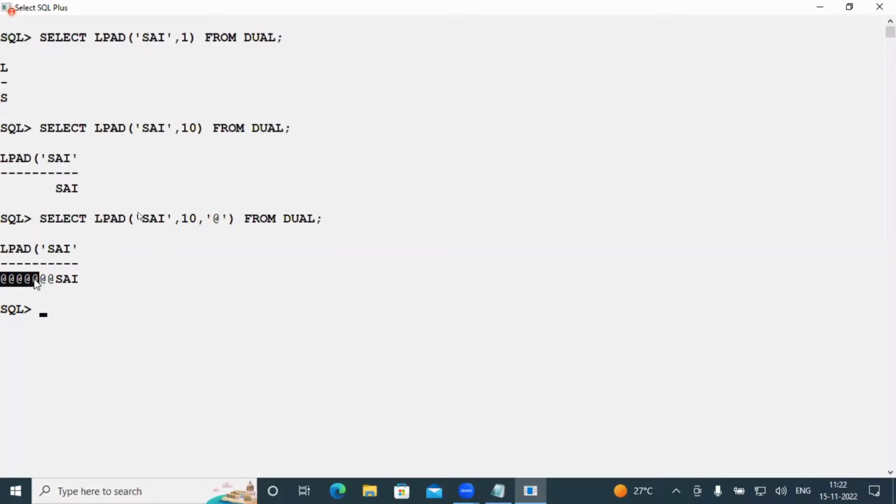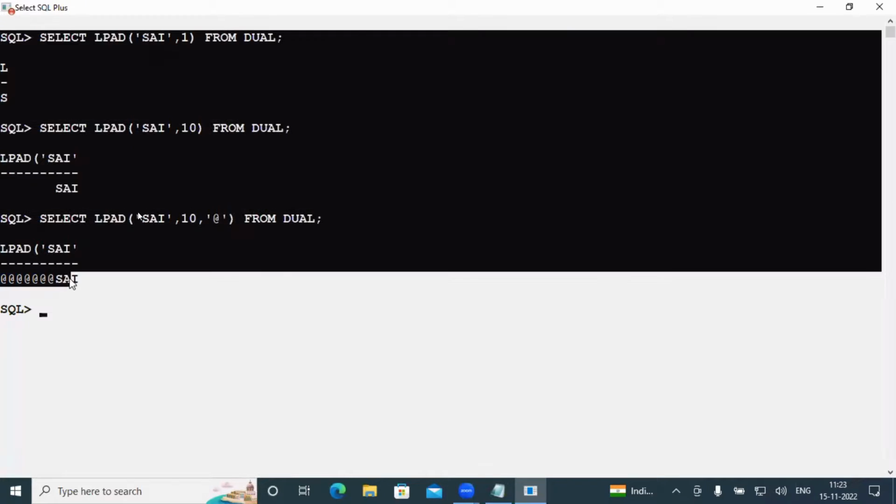So whenever the user defined length is more than the string length, if you want to fill with a specific character, you can add it like this. Right, so this is LPAD.